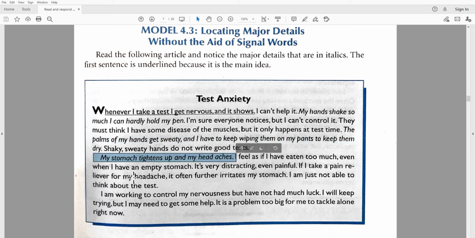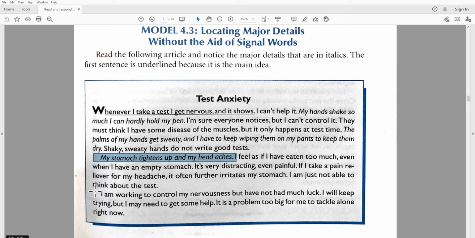Now here we have a major detail supporting the main idea that says, "My stomach tightens up and my head aches." And so here this is an explanation of the nervousness that the author is saying about taking a test. So we have examples, we have explanations as key sentences, but there's no signal word indicating that.